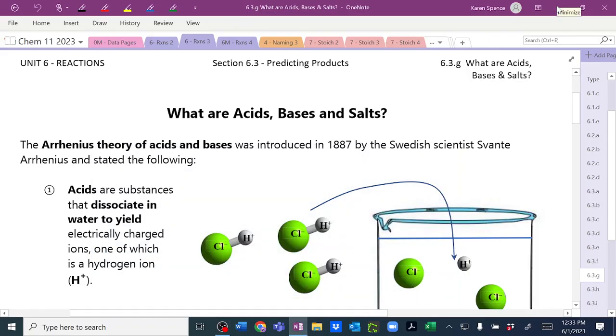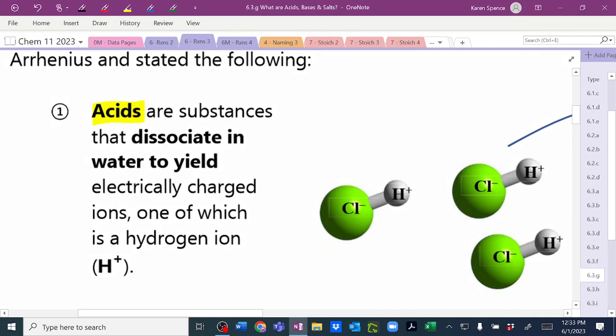So, Mr. Arrhenius from Sweden said that acids are substances that dissociate. Do we remember the word dissociate? What does it mean to dissociate? To split apart.